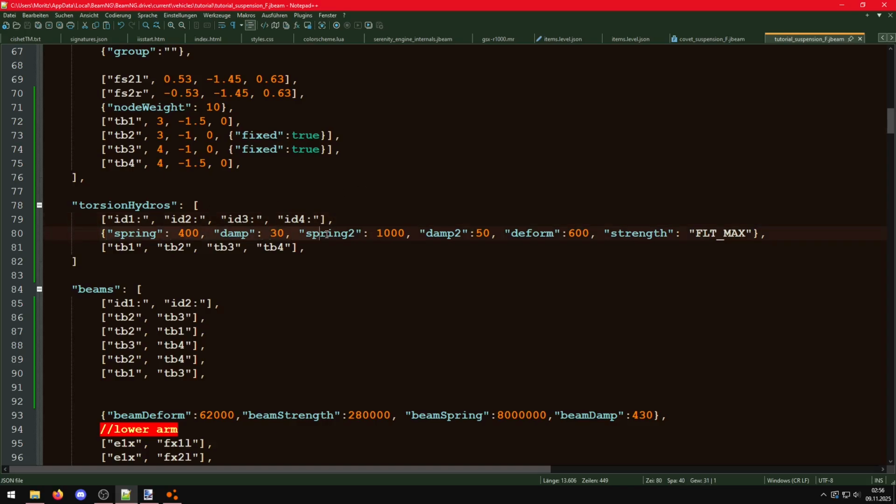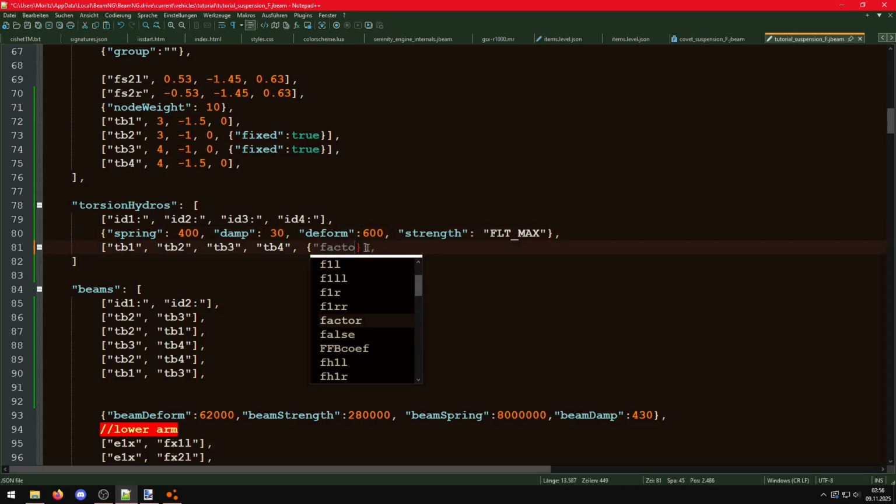We have our spring, damp, deform, and strength values here too. The rest of the arguments themselves are mostly the same, but they have different units again.